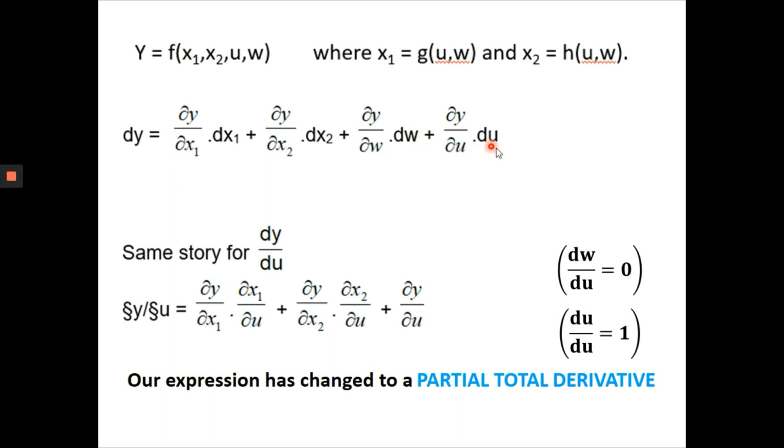And lastly, dividing du by du would give us 1. And that's what we would have here. Okay, so here we have our final expression, which is a partial total derivative, where we are calculating the change in y, allowing u to change, and holding w constant.